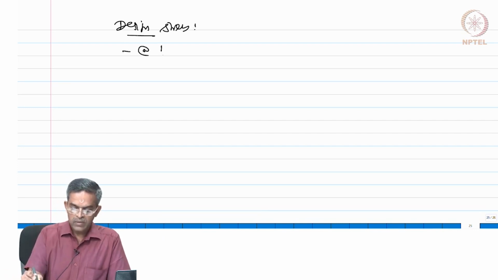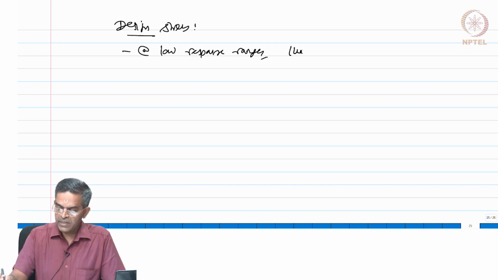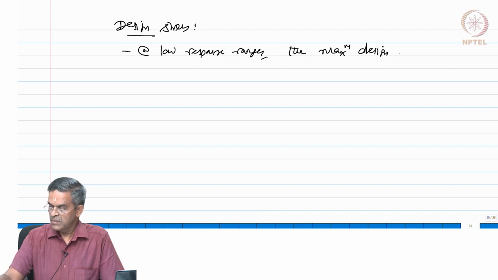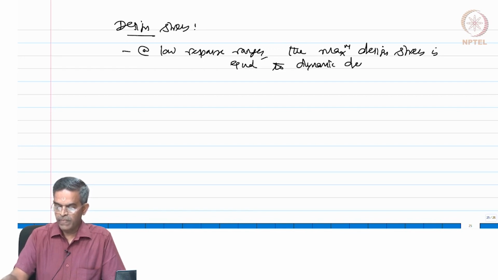So, at low response ranges, the maximum design stress is equal to the dynamic design stress or dynamic yield stress.